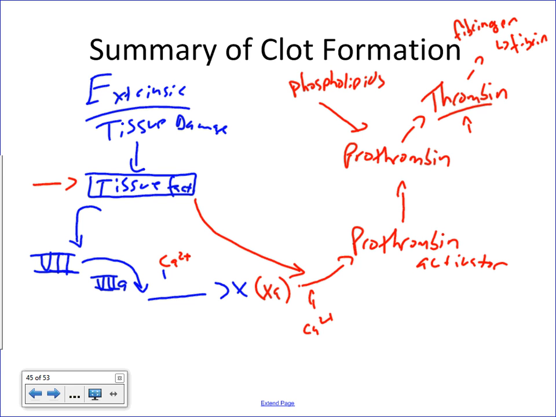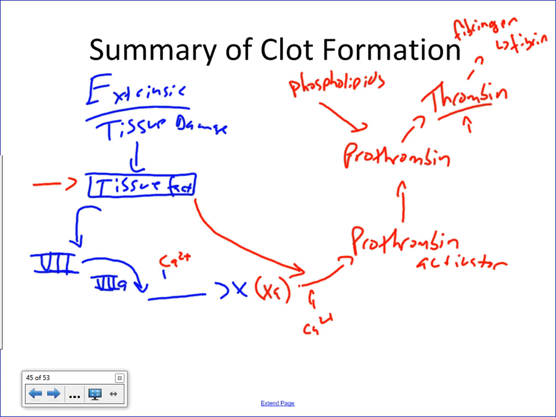So all we did was, you see the waterfall or the cascade effect. Now, as long as thrombin is active, thrombin can act like a rate-limiting enzyme, essentially, to keep this process sped up.